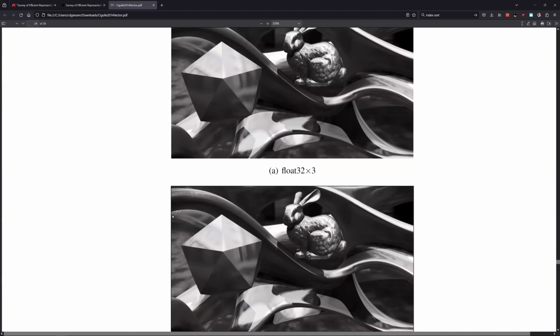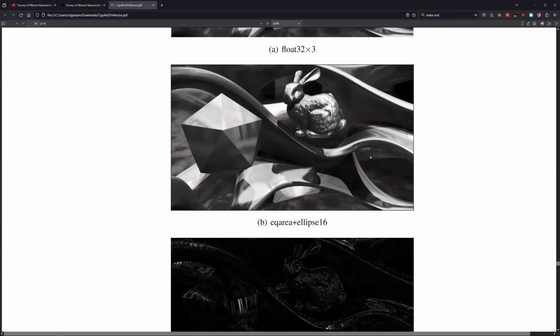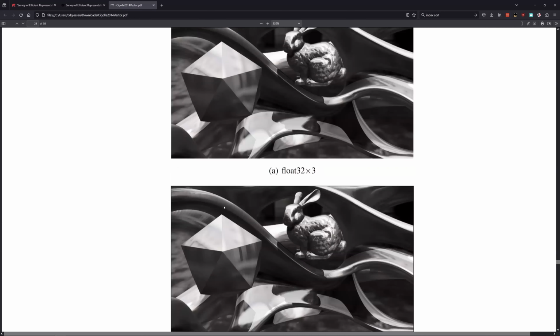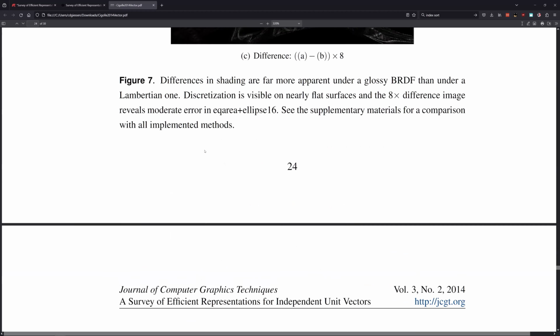And that's showing up as error, same here on this surface, but it's not appearing here. Oh, and there's some along the, okay, yeah. Glossy is much worse than a Lambertian, no surprise.